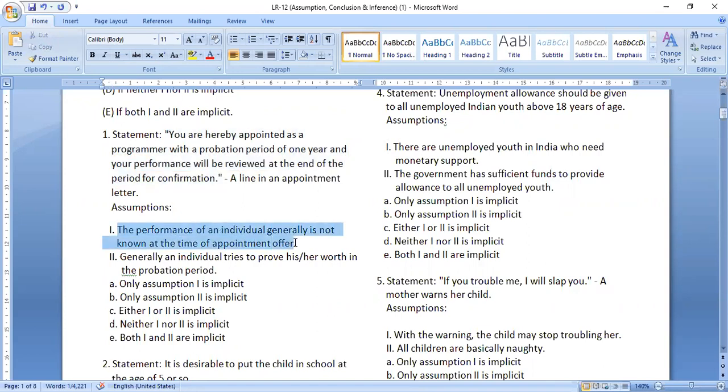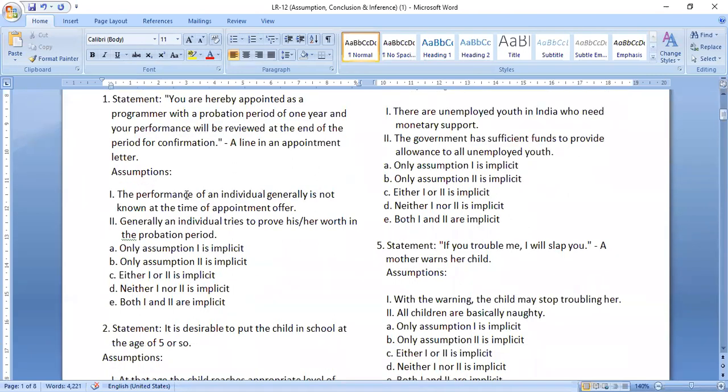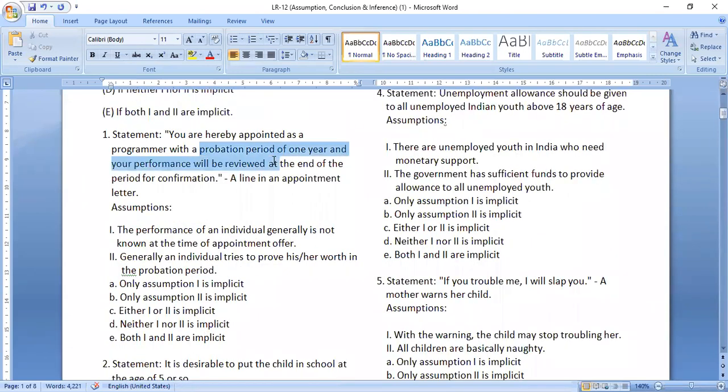The first assumption is that the performance of an individual generally is not known at the time of appointment. Absolutely true. If this is not explicit, then there's no need for a probation period. You can just directly give the person an appointment order. But the reason we have a probation period is because this assumption is implicit.